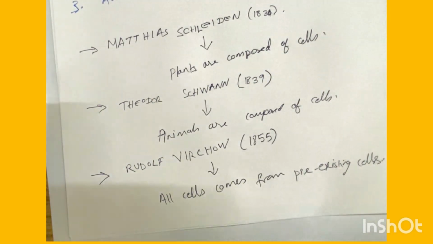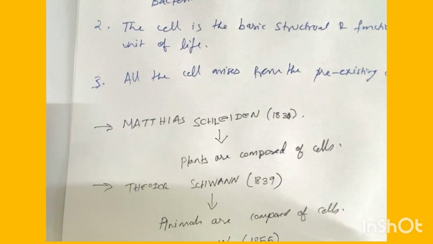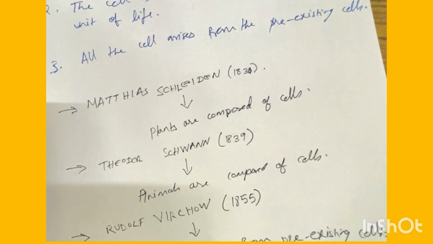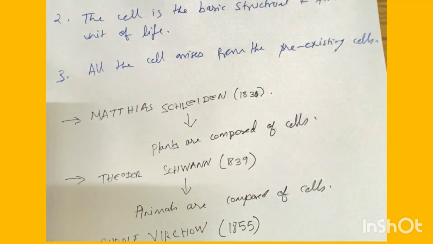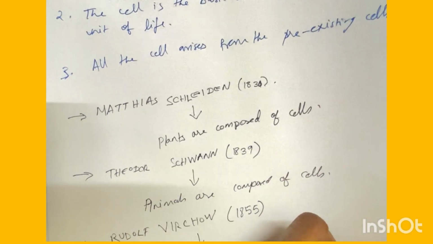Now what is the modern cell theory? Now apart from the basic cell theory, there is a modern cell theory also. Okay, so modern cell theory states that cell contains the hereditary information.